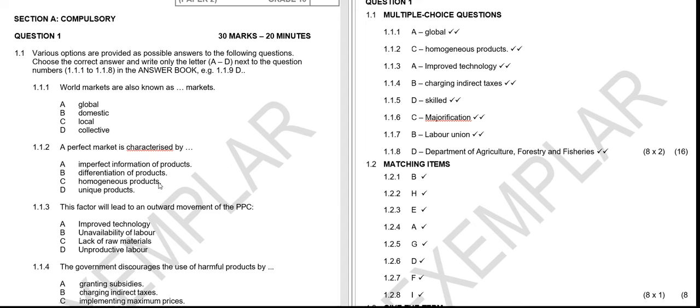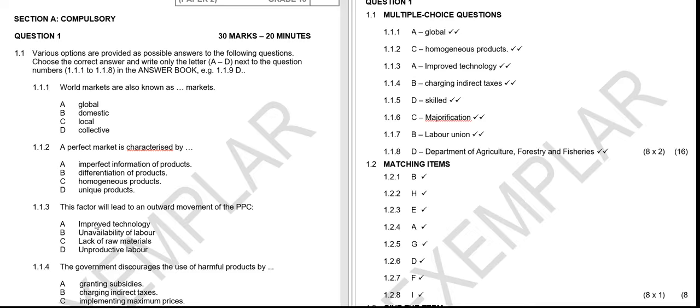For example, we have many sellers and buyers that characterize the perfect market. And also we know that firms that operate in a perfect market are price takers. The price is determined in the market by the forces of supply and demand. There is existence of the price mechanism. So these are very important characteristics of a perfect market.